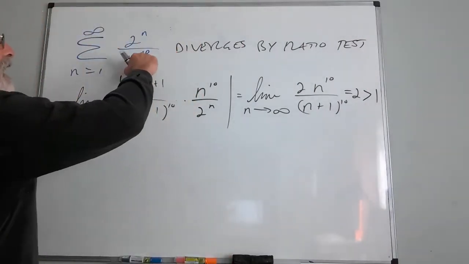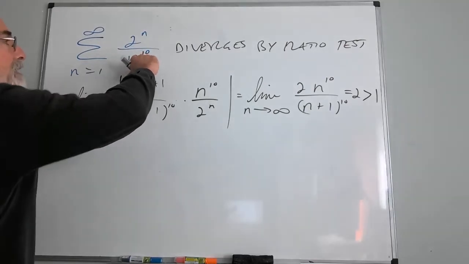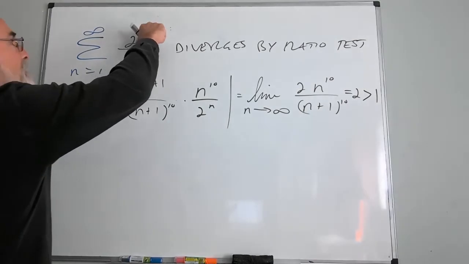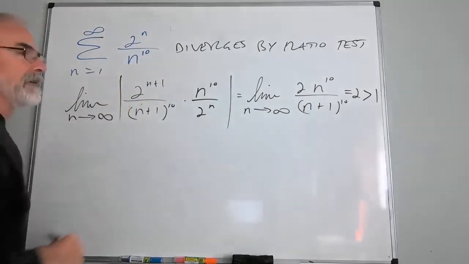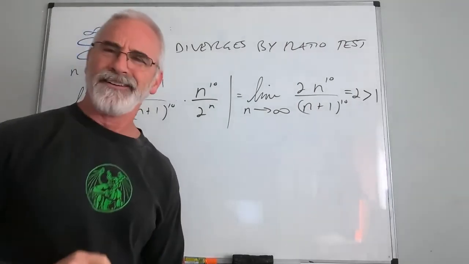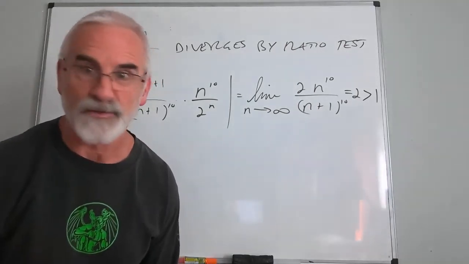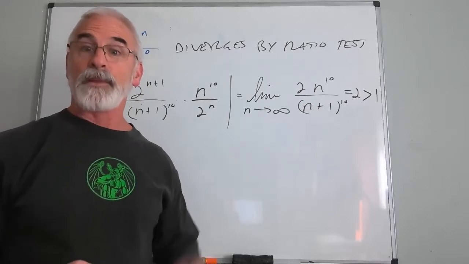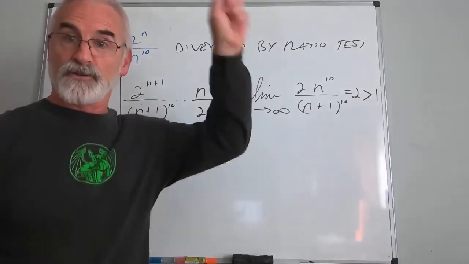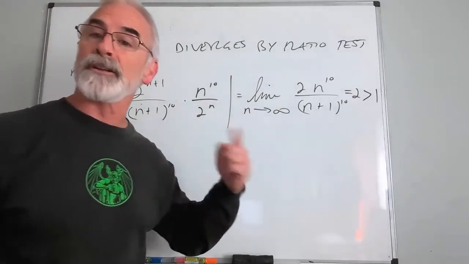Because although the terms got really small really fast, you know, let's go out 1,000. 2 to the 1,000 is much, much bigger than 1,000 to the 10th power. 2 to the bazillionth is much bigger than a bazillion to the 10th power. Because on the top I have an exponential function, on the bottom I only have a polynomial. The exponential grows way faster. It just took a little while.